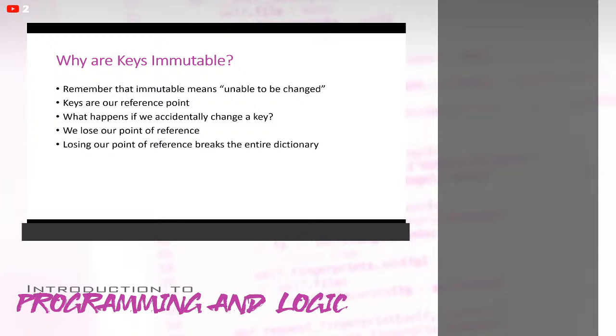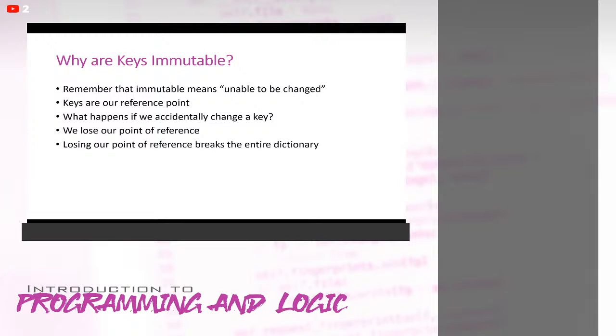I mean, think for a minute, what if you accidentally changed a key in a program? If you accidentally change a key in a program, then you can no longer access the value that was once associated with that key, because now the key is something totally different. And it causes us to lose our point of reference. Because these keys are not only what unlocks the access to what's inside, but they're our point of reference.